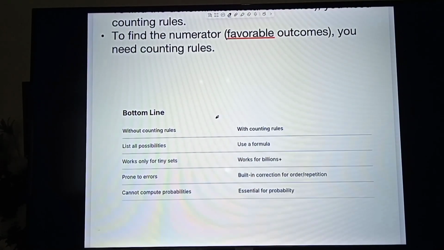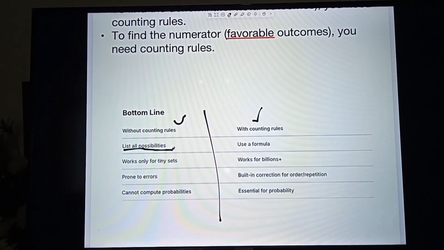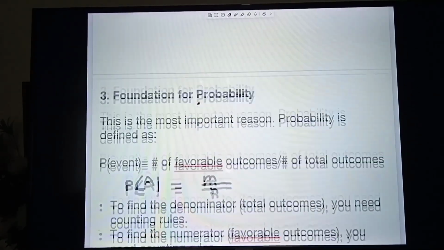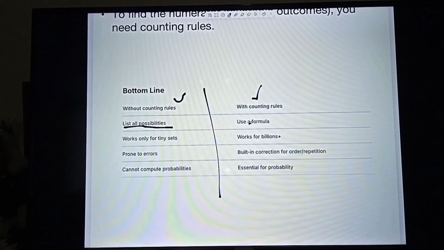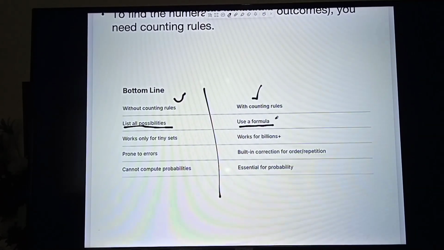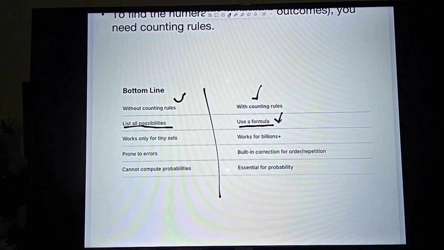If you don't use counting rules, then you have to list all the possibilities, which is quite complicated. But with counting rules, you can easily obtain all possible outcomes, and there is no need to list them.